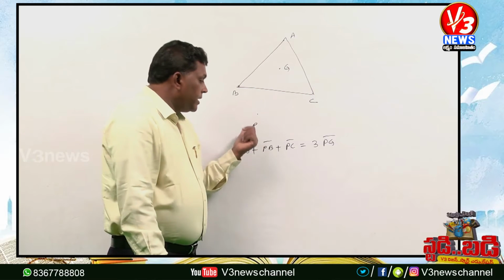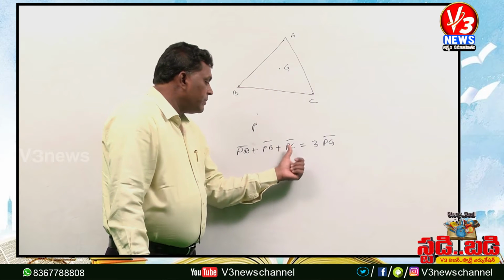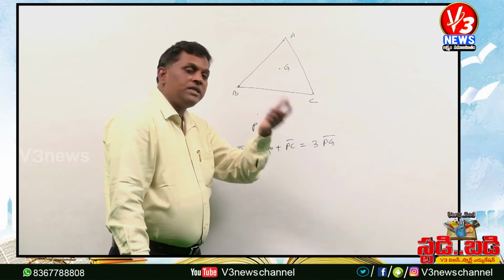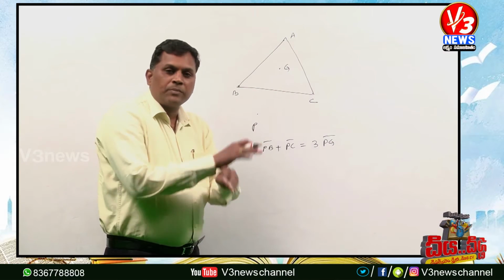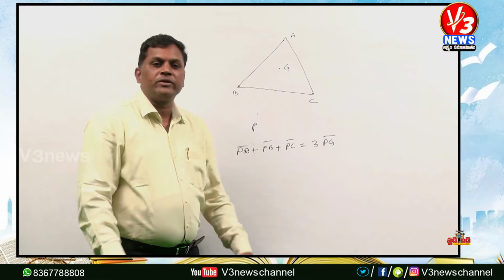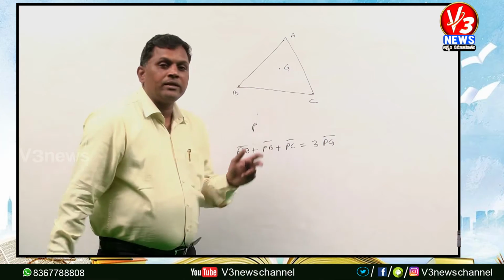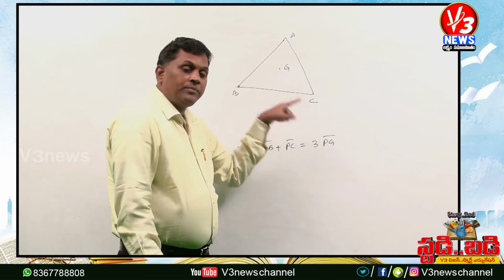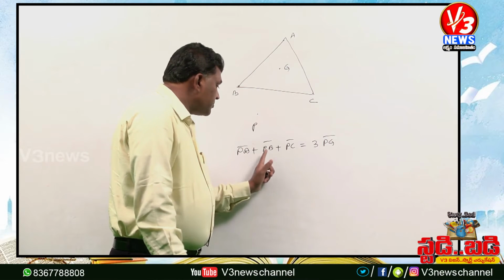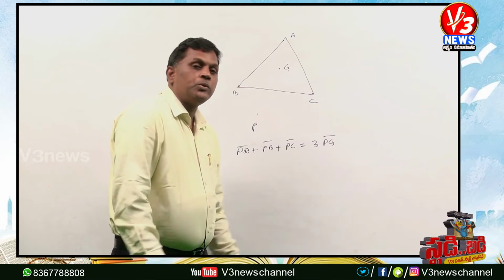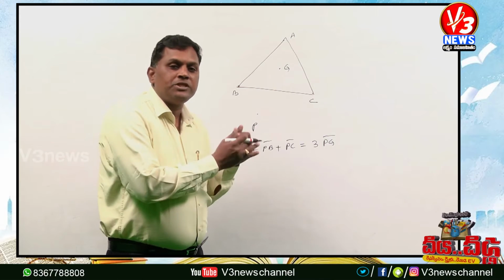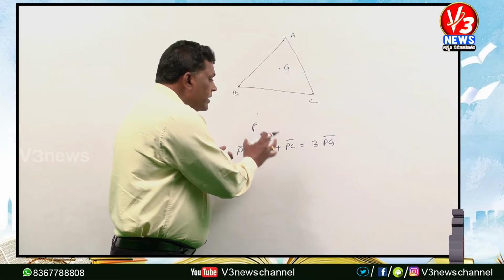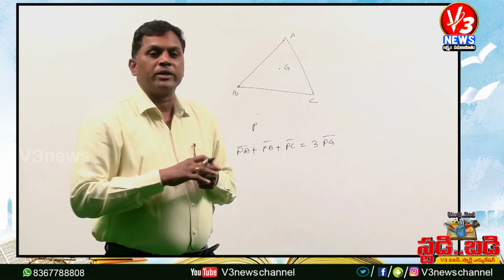So PA bar plus PB bar plus PC bar equals 3 times PG bar. This is applicable for any triangle, irrespective of its nature. If P is a point in the plane of triangle ABC, then PA bar plus PB bar plus PC bar will always be proved as thrice PG bar, and it can be proved very comfortably by using the median property.